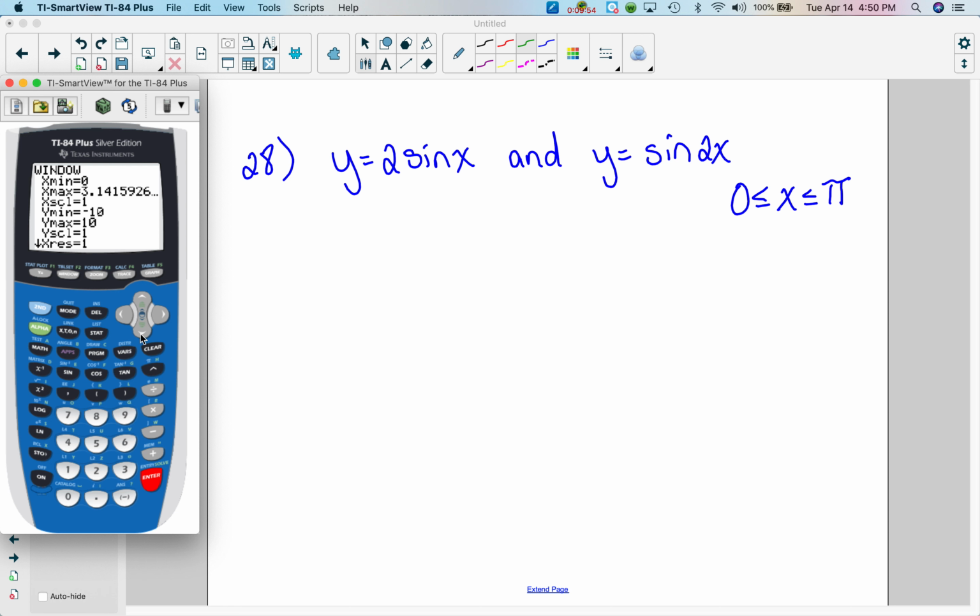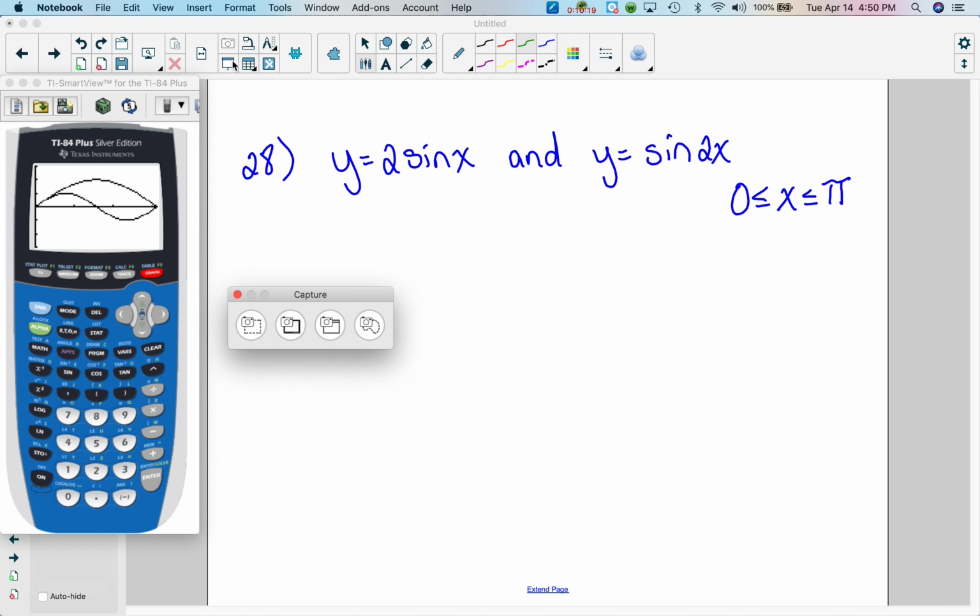So the reason I'm thinking of that is this y value, I'm going to make negative 3, and my y max, I'm going to make 3, because I know it's not going to be higher than that. That way I can get a little better picture of my graph. All right, so we are trying to find the area of this.